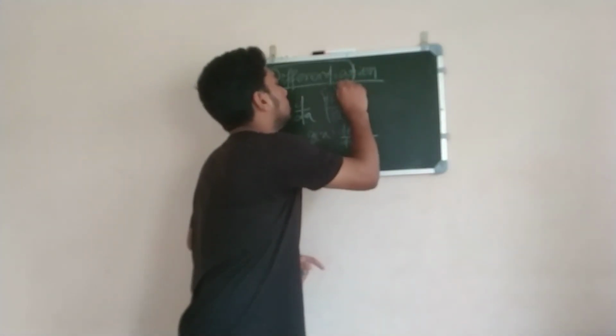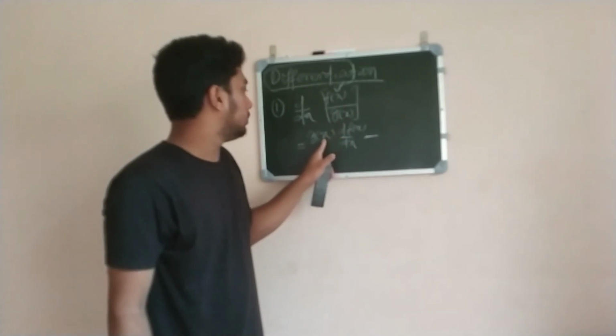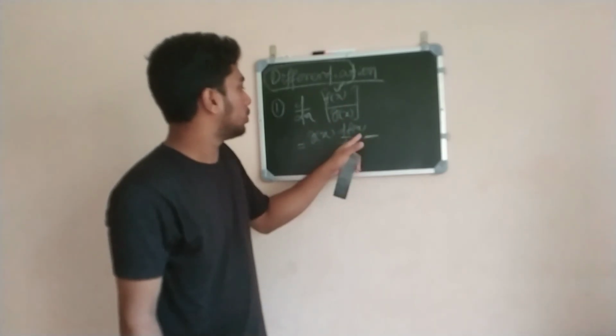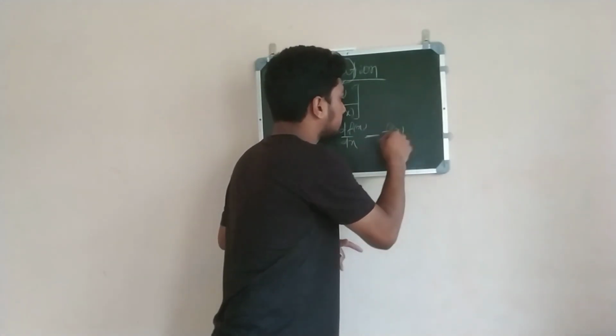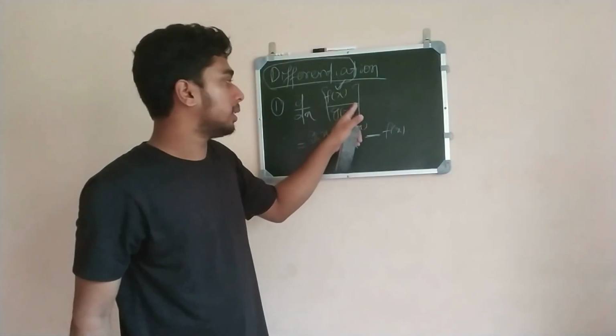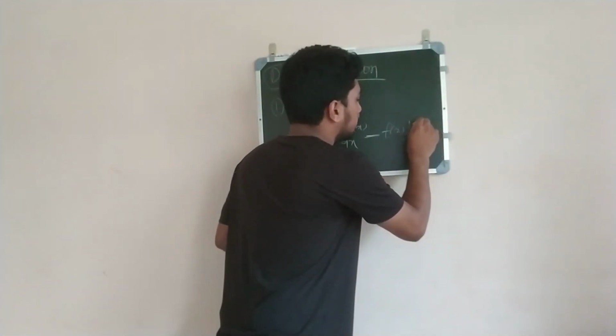This was the numerator. So first take the derivative of the numerator, leave the denominator, then do the opposite. Leave f of x, leave the numerator, then take the derivative of the denominator.